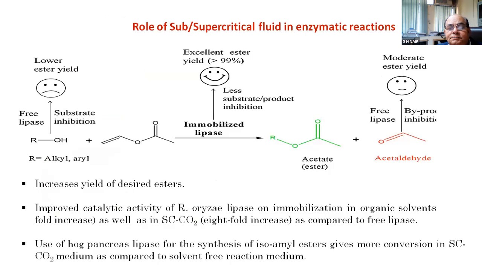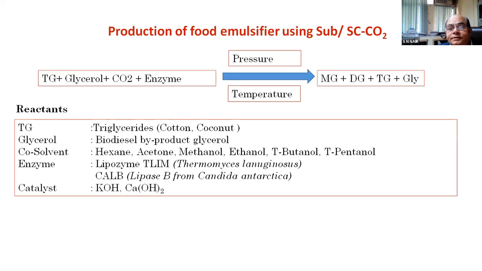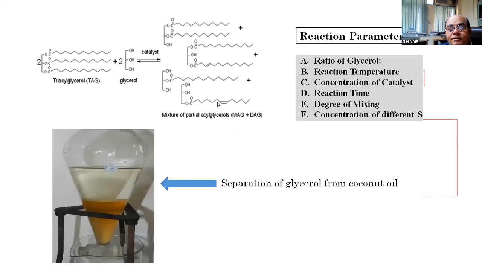So basically, esterification is done in a liquid carbon dioxide medium, and we have also published some papers. Different types of food esters: diacetyl, isoamyl butyrate, isoamyl propionate, different types like geranyl acetate, terpenyl acetate. All these use the liquid carbon dioxide process, and you can produce them.